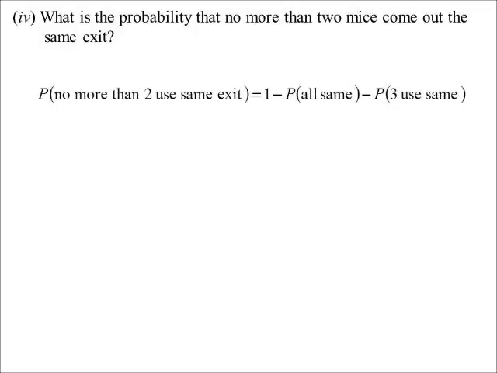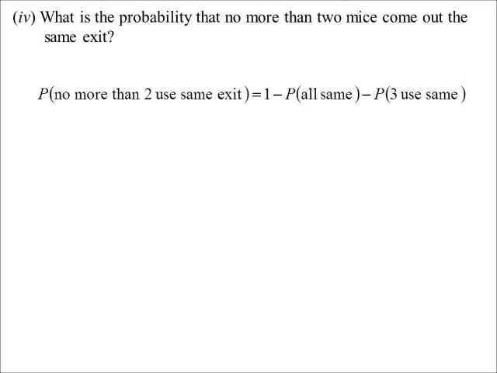Basic idea in probability is using complementary events. Sometimes it's easier to work out the other situation than the one you're looking for. And we know all probabilities must add up to be 1. So I can say it's 1 minus the other possibilities. The other possibilities in this question are the 2 things we have already worked out. No more than 2.